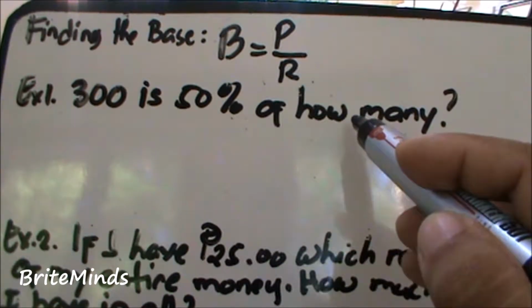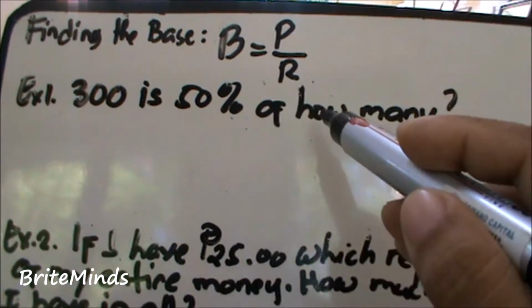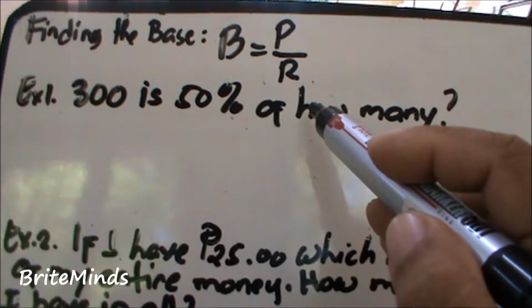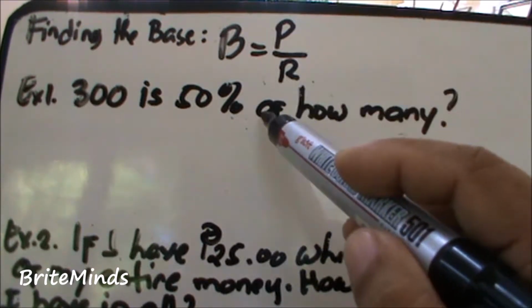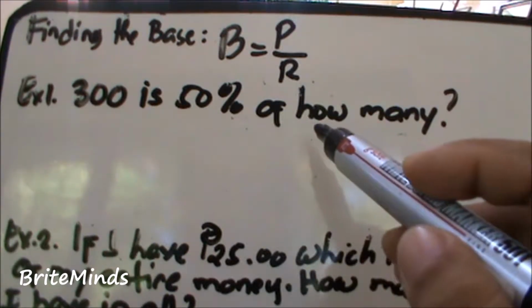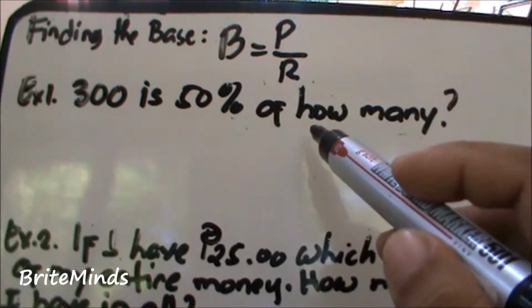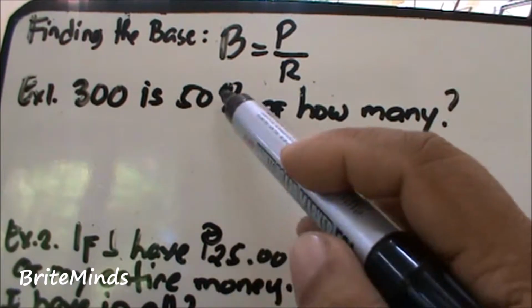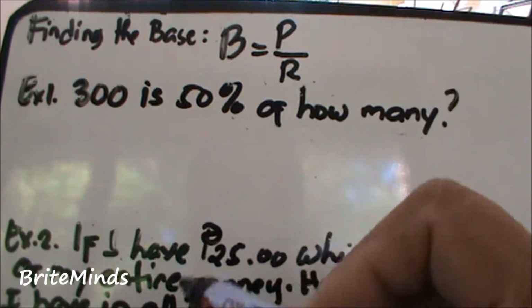In my first tutorial about percentage, we know it is a base because of the words "of," "as much as," or "as large as." So the problem is, 300 is 50% of how many?